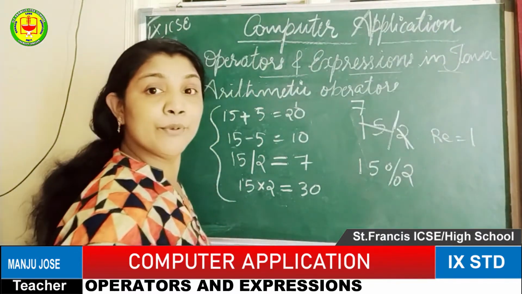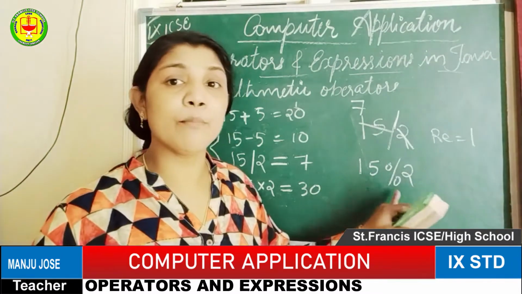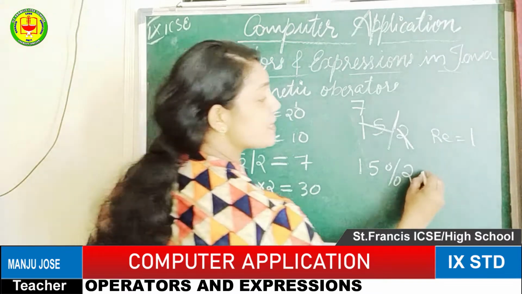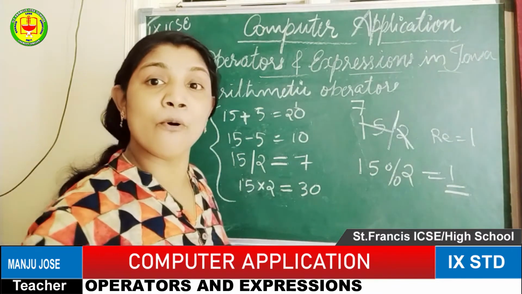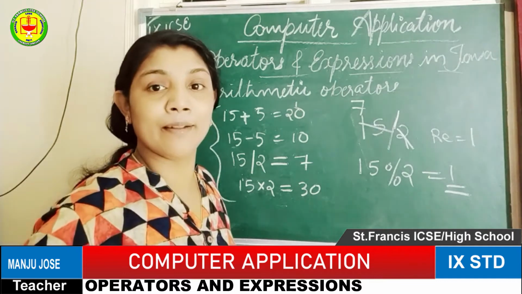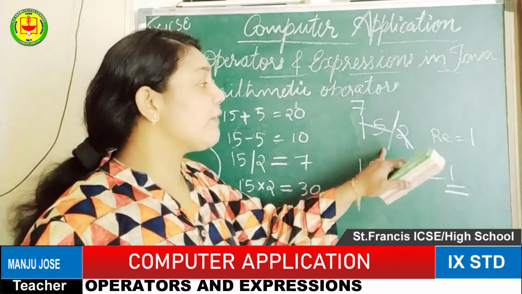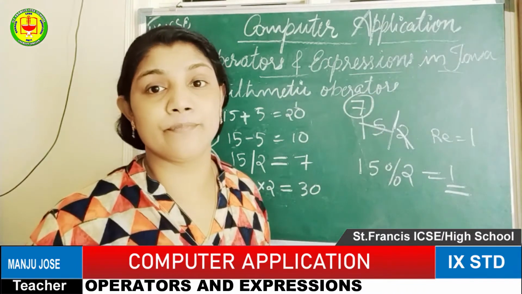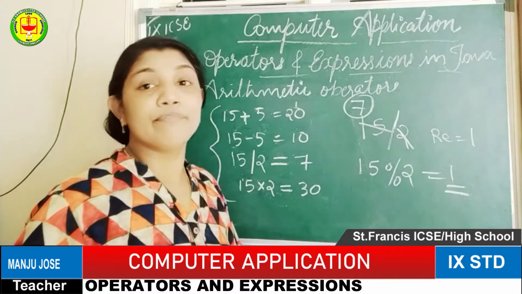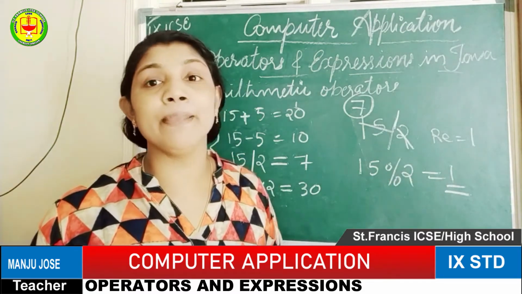In the computer, in a Java statement, we give 15 mod 2, and the answer will be 1, because the modulus operator always considers the remainder. That means the remainder is the result of the modulus operation. If you use division, 7 is the answer, because that is the quotient. So these are the 5 arithmetic operators we use in the Java programming language.